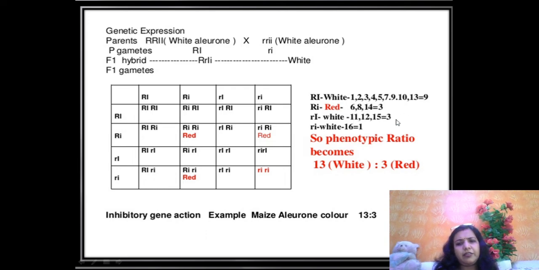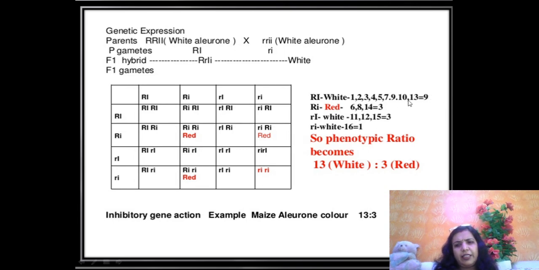So there are 3 possibilities where R, small r is present along with capital I. So in these 3 boxes color will be white, and in the last chamber R is also in recessive form, I is also in recessive form, no color producing gene is present, no inhibitory gene is present, so it will also be of white color.